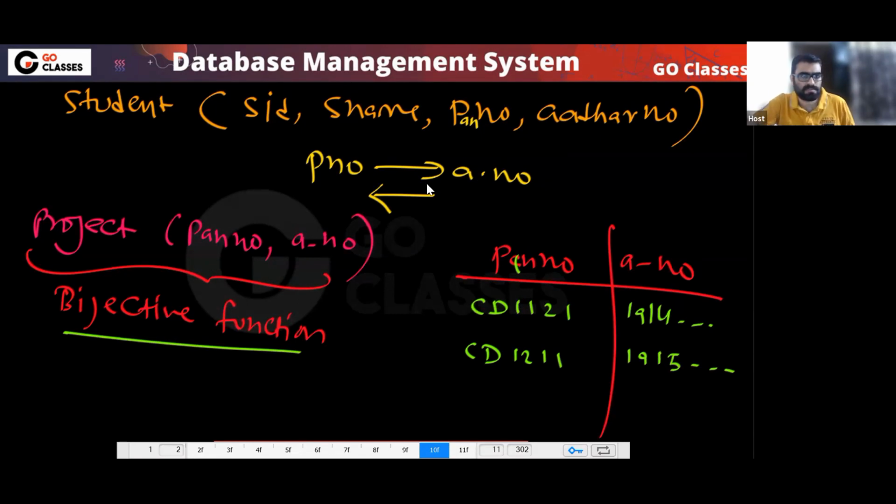Does anyone have any other doubt? The final conclusion: you can notice that if you project out a functional dependency, then you will get a function. This is the final point.